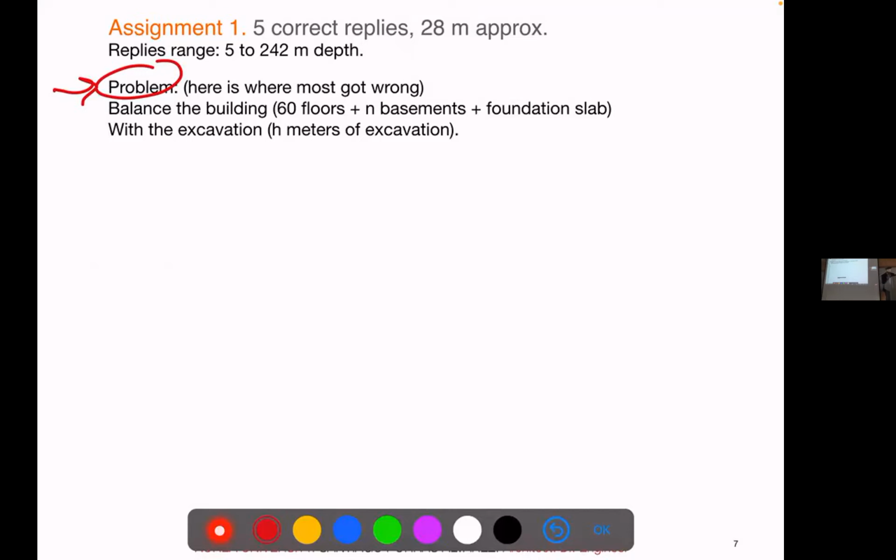But you have to balance on one side the building. The building is 60 floors, number of basements we don't know, and the weight of the slab. This is the weight of the building. Then we put this in balance with the excavation, which is H meters of excavation we don't know. And that's all, and you make the numbers.